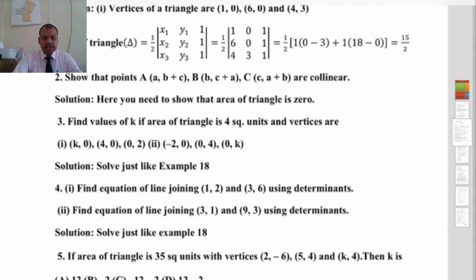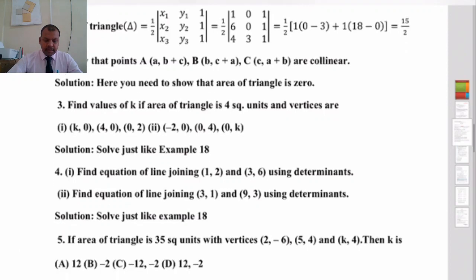That means x1 is k, y1 is 0, x2 is 4, y2 is 0, x3 is 0 and y3 is 2. Okay, so use the formula. Oh sorry, here it is given as plus minus 4. We have to write plus minus 4 and find it. You will get the value of k.